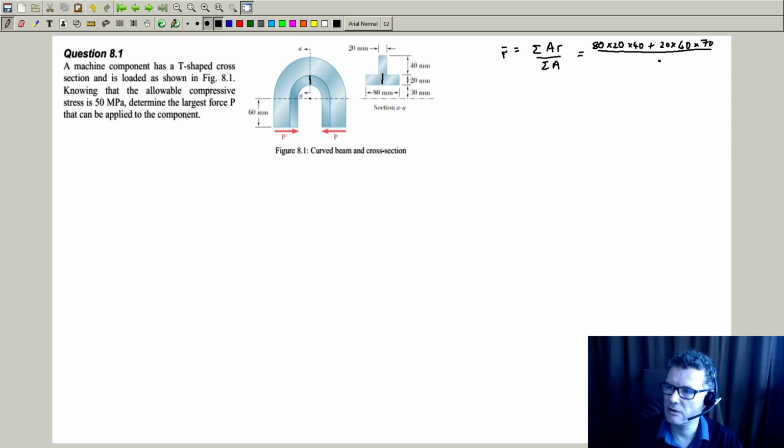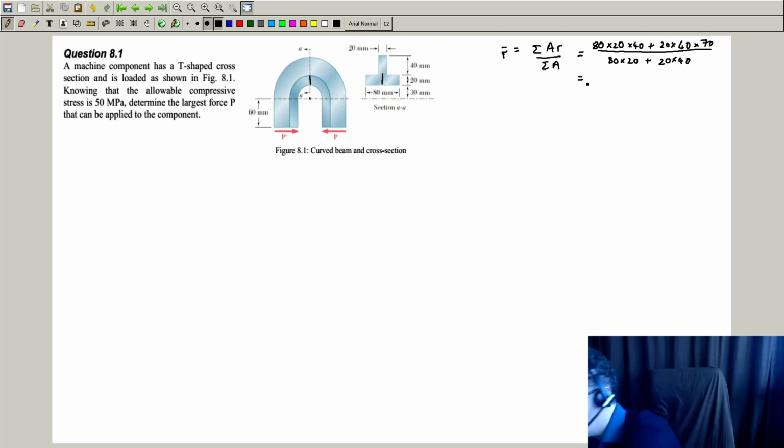Now I can just read off the areas. I know that I've done them first. So that's 80 times 20 plus 20 times 40. So at the very least I can find the centroid.